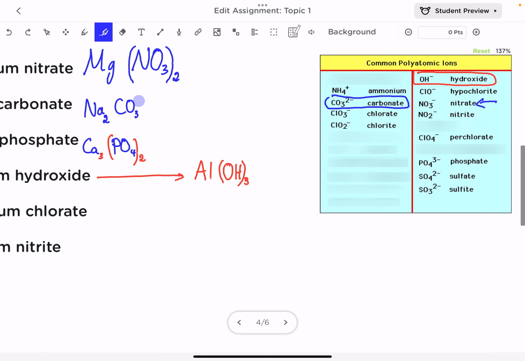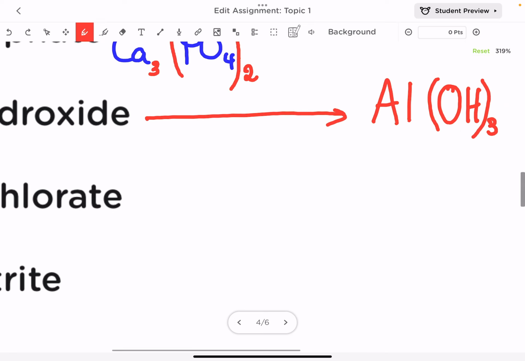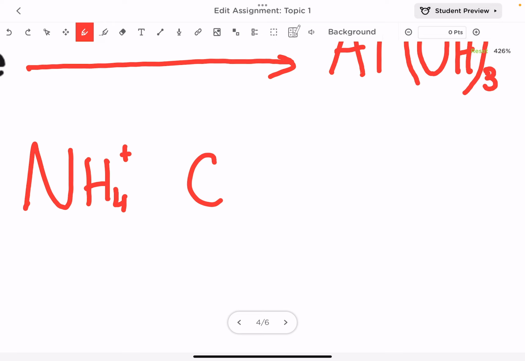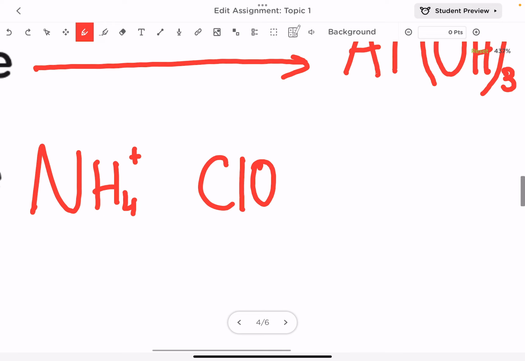Ammonium chlorate. Ammonium is another positive polyatomic ion, and here's the chlorate. So let's write NH4 plus, and chlorate is ClO3 minus. So it's just plus 1, minus 1.